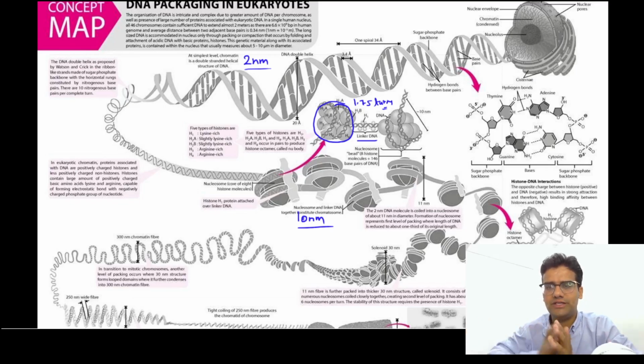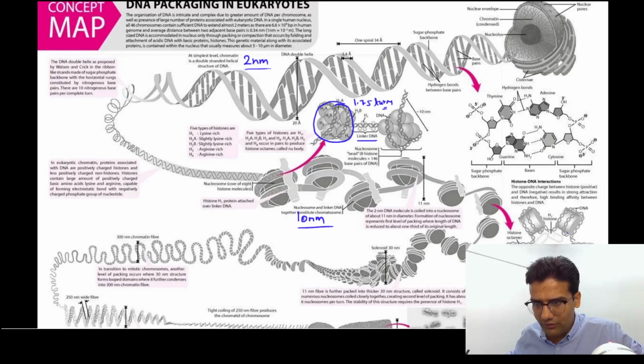When histone protein is bound to this entire DNA, this causes a 60 degree turn. 60 degree, 60 degree, 60 degree. So in a complete circle, how many histone octamers are there? 6. So there are 6 histone proteins.